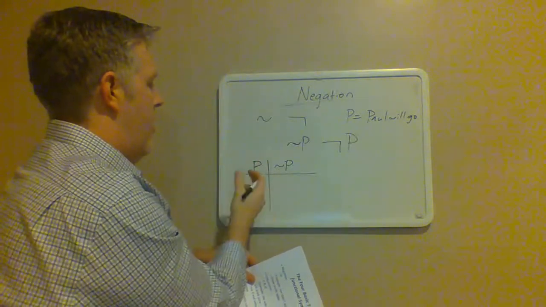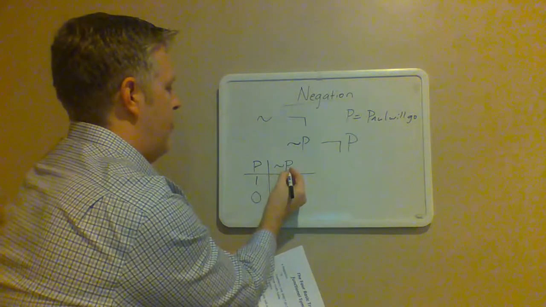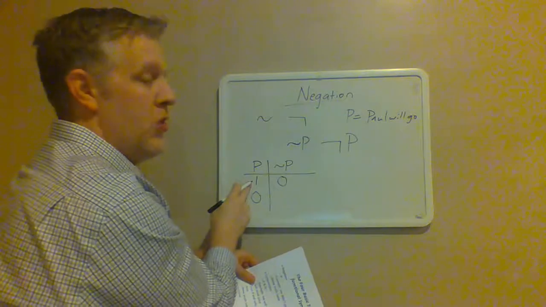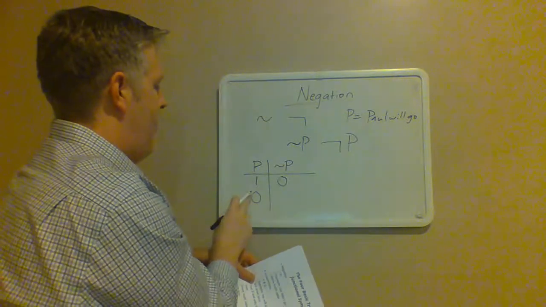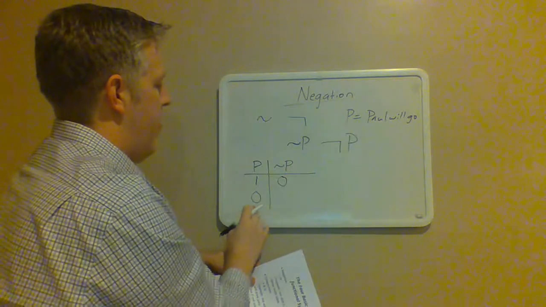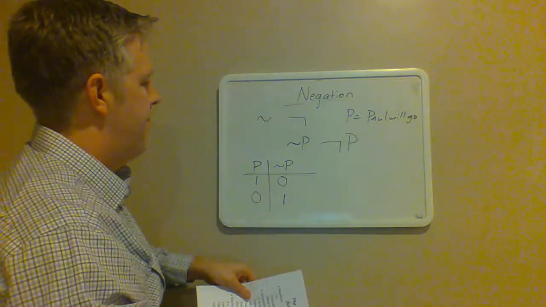So let's say Paul goes is true, well then it's not the case that Paul goes is going to be false, right? Because Paul goes was true. On the other hand, if Paul will go is false, then it's not the case that Paul will go. Well, that's actually true, right?